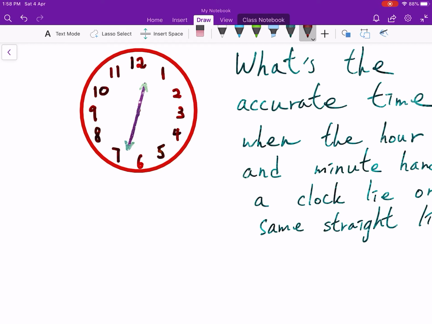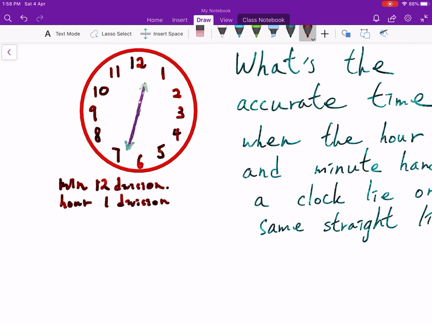So we can write it down like this: whenever the minute hand moves 12 divisions, our hour hand will move one division. This is the relationship between the hour hand and minute hand.